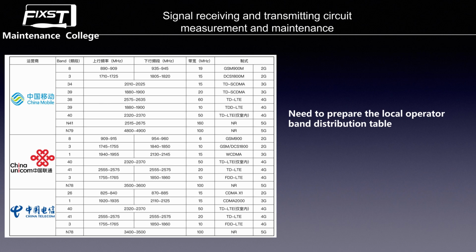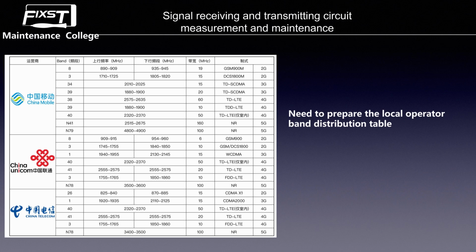And we need to prepare the local operator band distribution table. As you can see, these are the 3 operators in China. One is China Mobile, the second is China Unicom, and number 3 is China Telecom. And you can see all the bands and frequencies we have marked down.